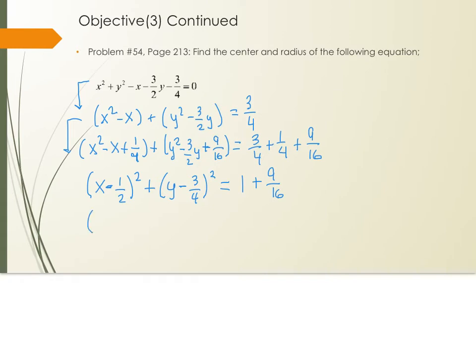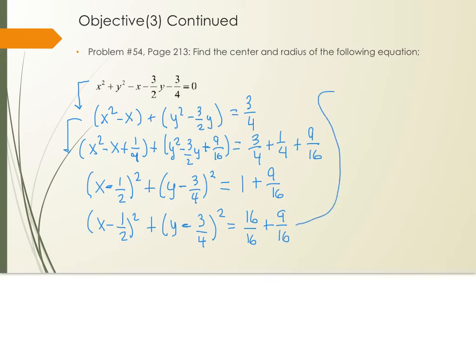And again, I will do the same equation again. Oops, I made a mistake, didn't I? Yep. So now it's a minus, right? And now I have 16/16 plus 9/16.